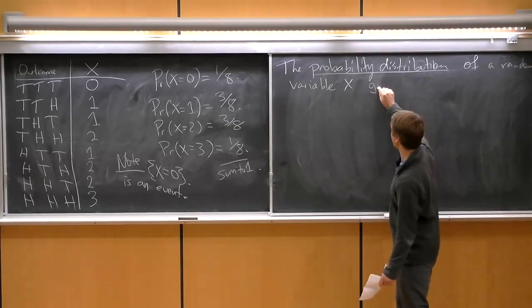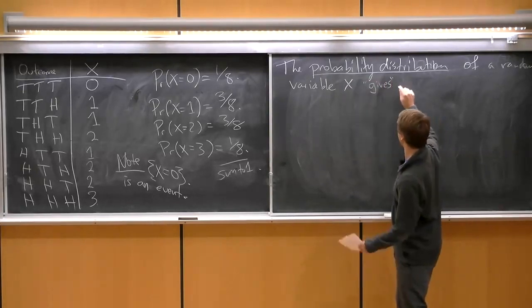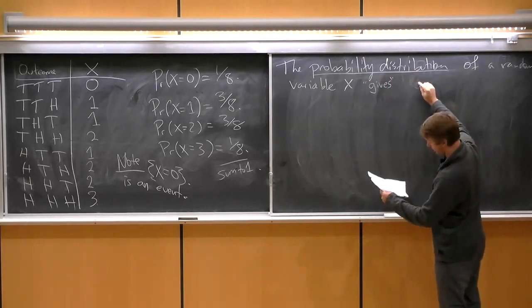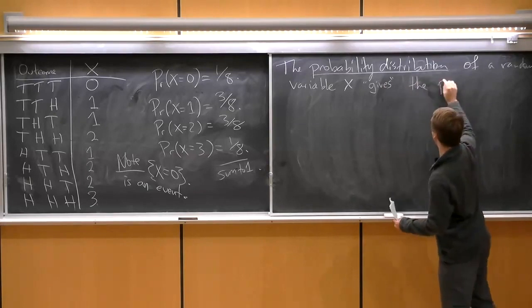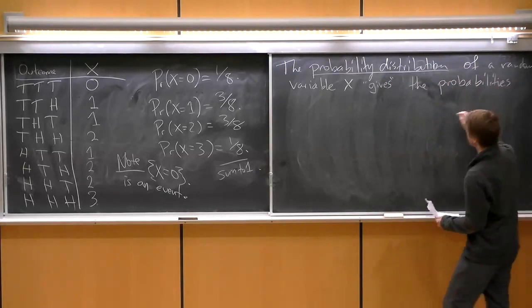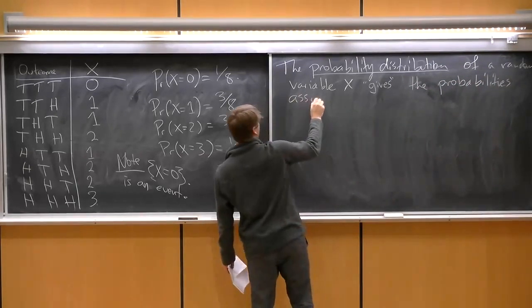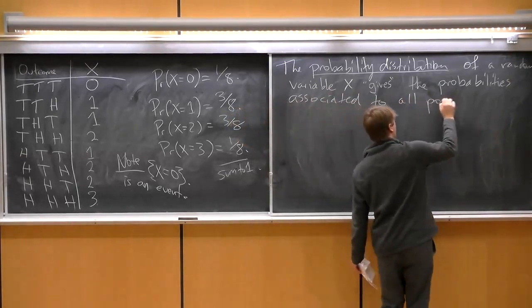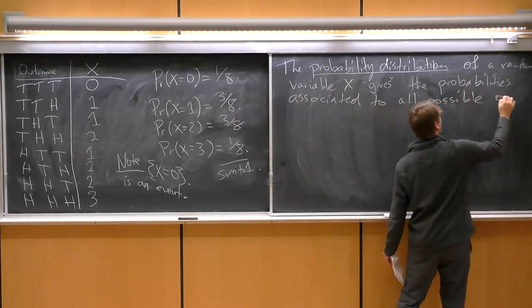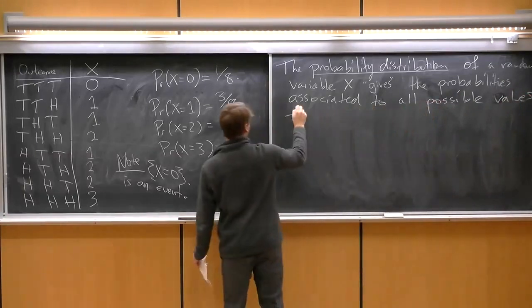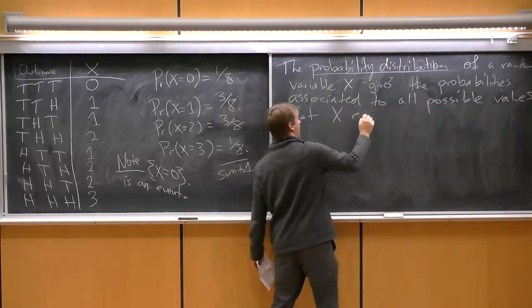I'll just say that it "gives" the probabilities associated to all possible values that x can have.